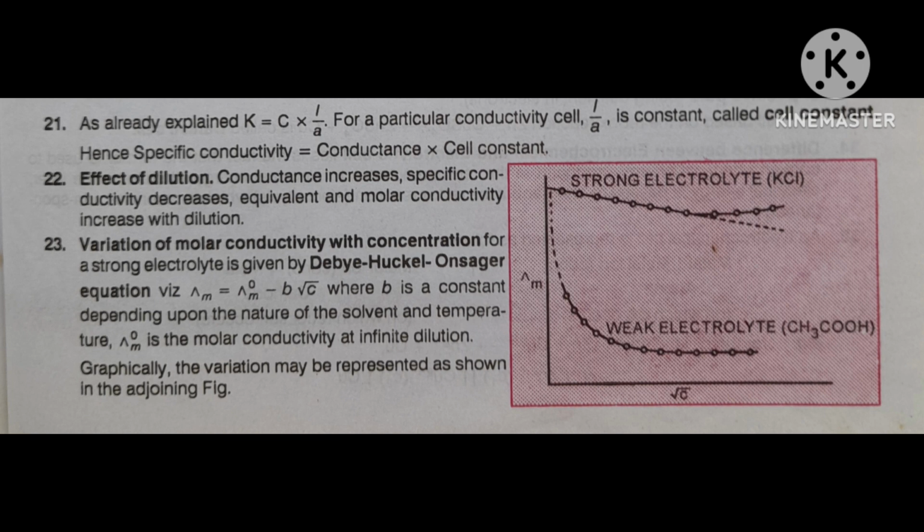But you have to decrease some value from that. That is why you are decreasing some value. B, I told you, is a constant. Its value depends upon the solvent, what type of solvent you have taken, and at what temperature you are doing the experiment.